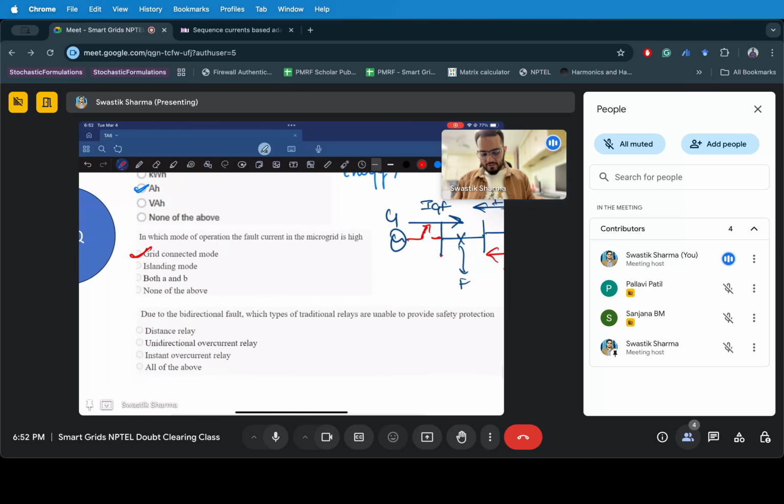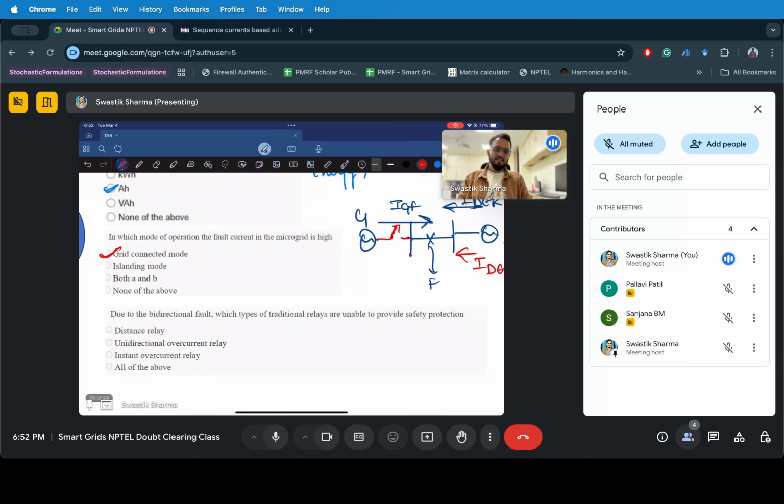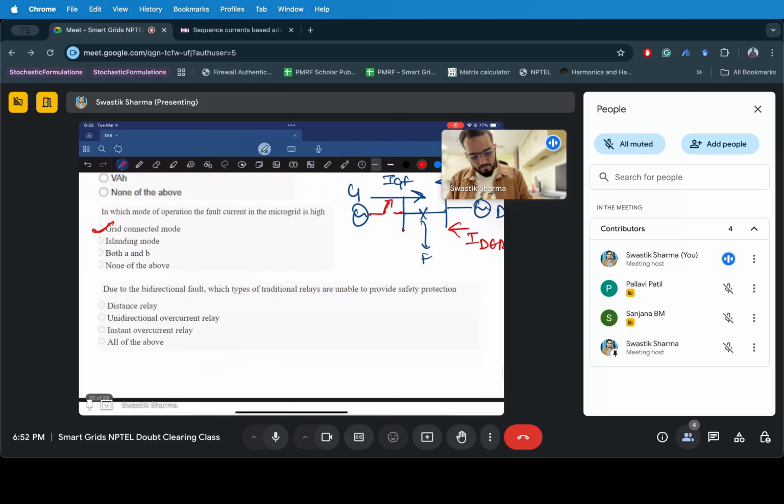Due to the bidirectional fault, which types of traditional relays are unable to provide safety protection? I haven't talked about this, but distance relays measure the distance between the relay and the fault location.